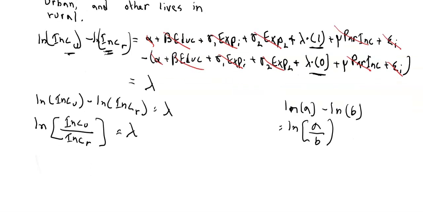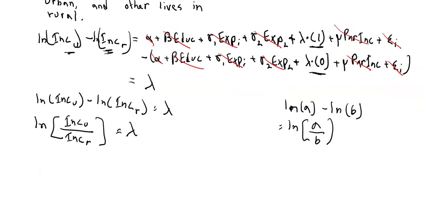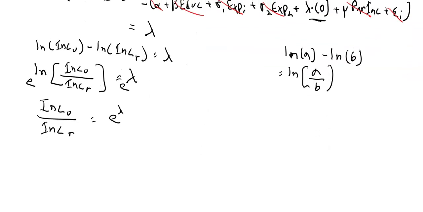If we then raise e to both sides, e and ln get cancelled out. So we are left with income of urban over income of rural equal to e to the lambda. Now, to find the percentage difference, let me subtract 1 from both sides.